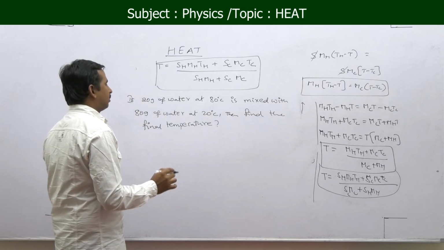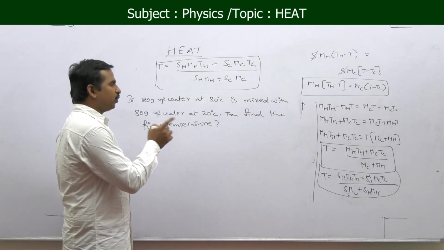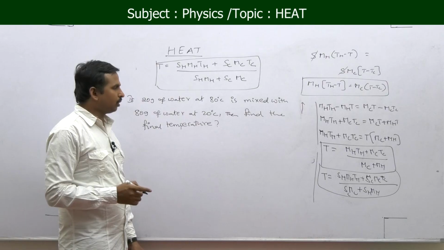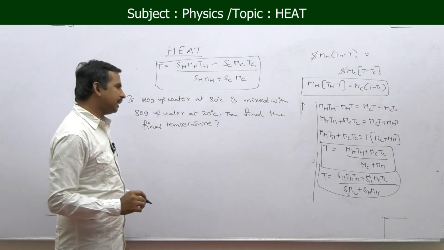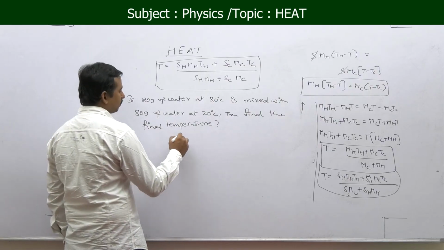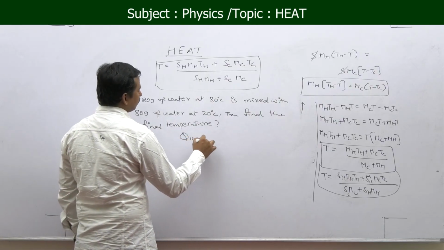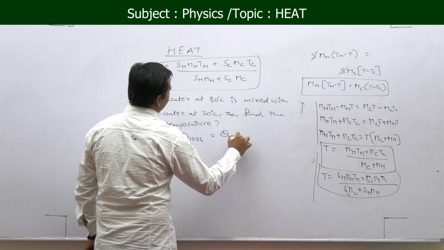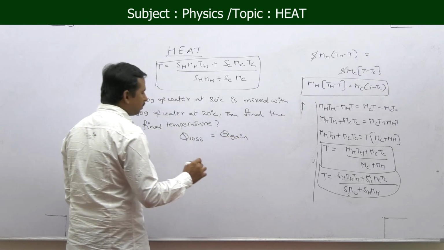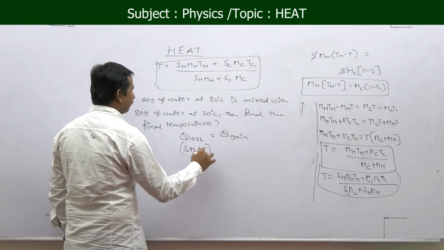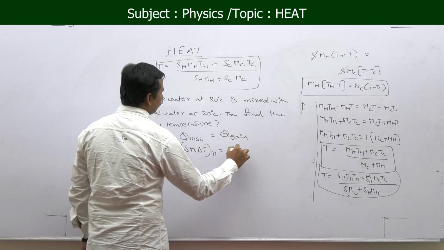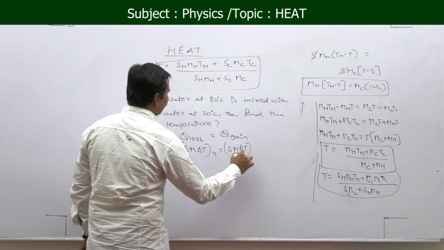In this case, as both have the specific heat of water, which is 1 calorie per gram degree Celsius, we can cancel S here. Following the steps, we know that Q loss is equal to Q gain. Q loss means S m delta T of the hot body is equal to S m delta T of the cold body.